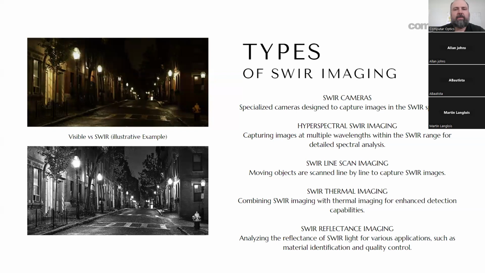SWIR thermal imaging, that's a combination of SWIR and thermal. And then SWIR reflective imaging, that's analyzing the reflectance of SWIR light from various applications. So those are different types. And you can see in the illustration above the difference between visible and SWIR in a nighttime setting.